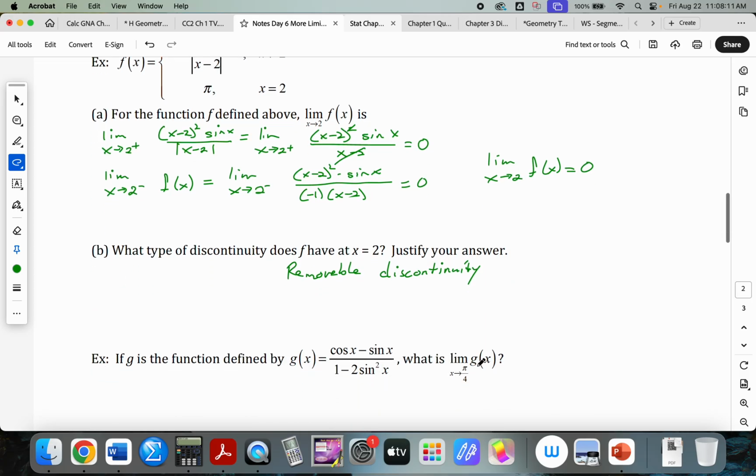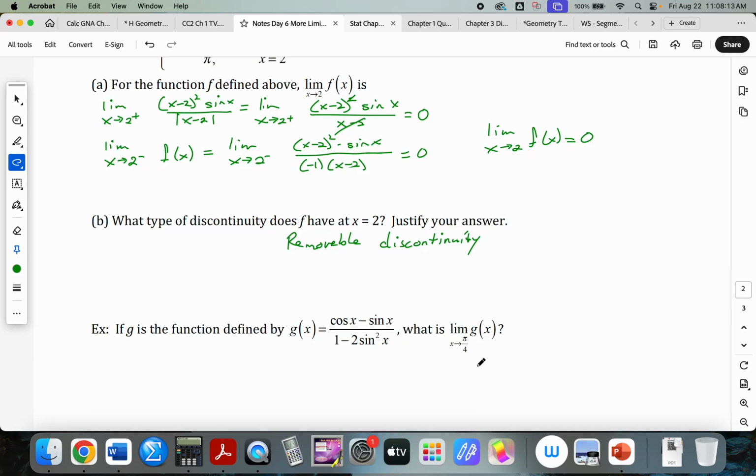All right? It's a removable discontinuity because the limit as x approaches 2 of f of x exists, but is not equal to f at 2.